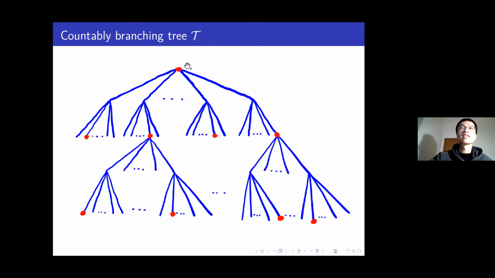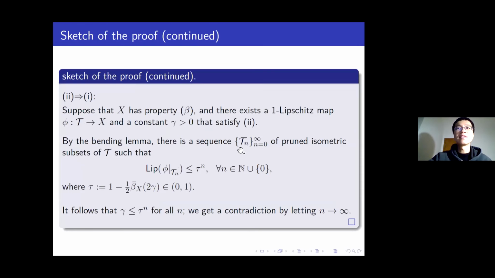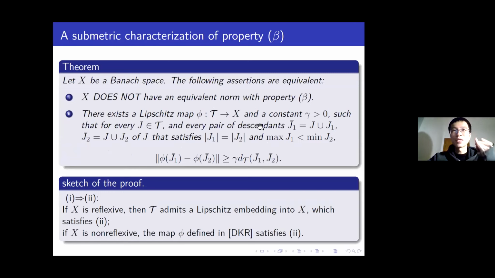Suppose this vertex has been chosen in Tn, then there are countably many forks descending to this vertex J. You look at the first fork here, and you use the bending lemma to find the red point located on the next 2 levels of J. You can use the bending lemma because phi satisfies the property: first, it is Lipschitz, and second, it maps vertices that are far apart to separated images.